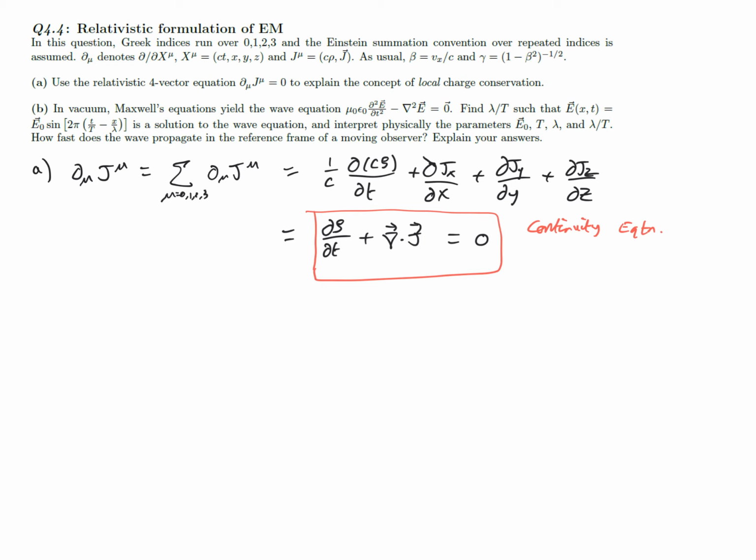The amount of charge in that region can, of course, decrease, meaning that the charge density, d rho by dt, is finite. It has a time dependence. For example, the charge can decrease. But the way in which it does that is by there being a charge flux through the walls of that container.